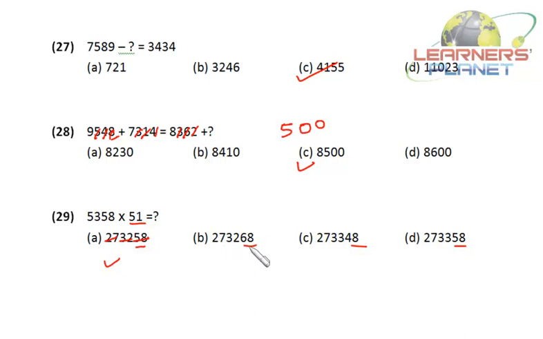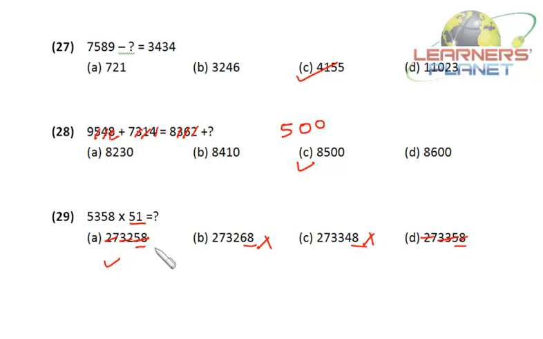But this number is 68, it is a multiple of 4, so it cannot be the right choice. 48 cannot be the right choice. Now let's see whether this number can be the right choice or not. 7 plus 2, 9, it is a multiple of 9. 3 and 3, 6, plus 5, 11, and 8, 19. So it's not a multiple of 9, so it cannot be the right choice. So the right choice is the first one that we have already calculated.